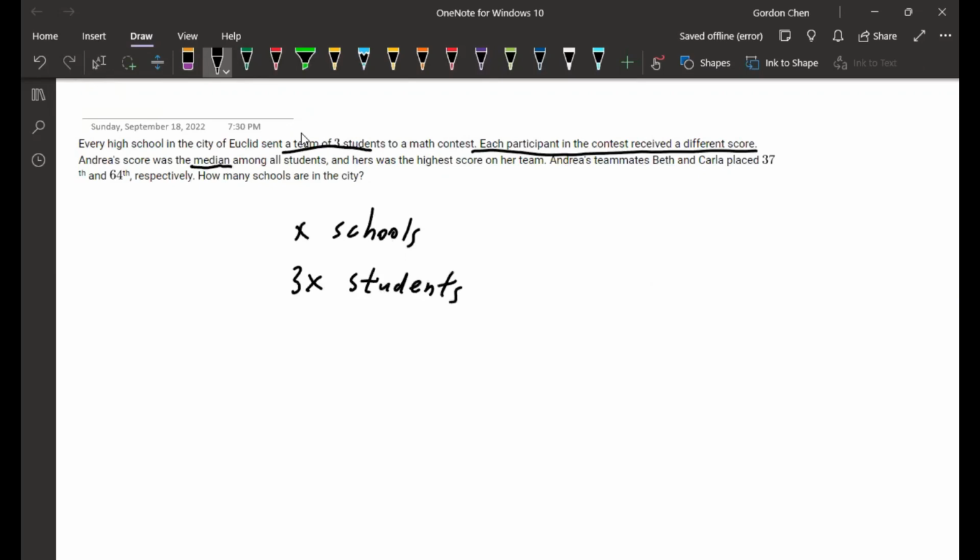students. And we are given that Andrea's score is the median amongst all students, which means that this has to be odd. If it were an even number of students, then the median would be the average between the two middle people, and that can't be a score because each participant receives a different score.